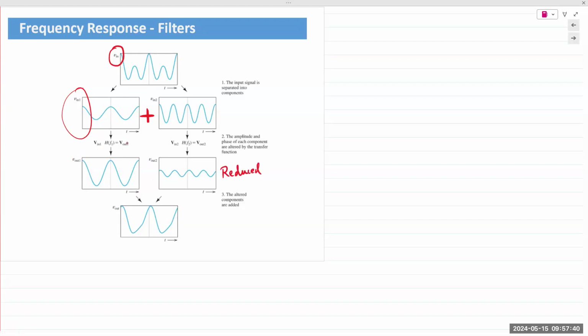Then you combine both of these together at the end, and you get your V out. The circuit is affecting certain inputs and not affecting other inputs.